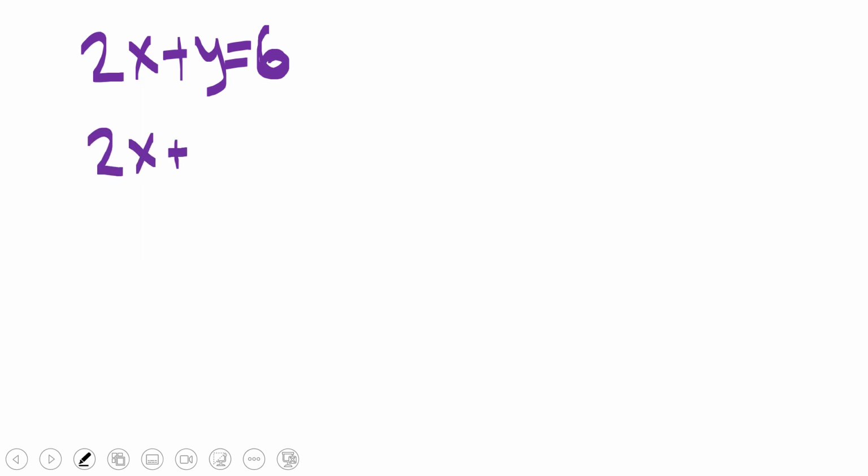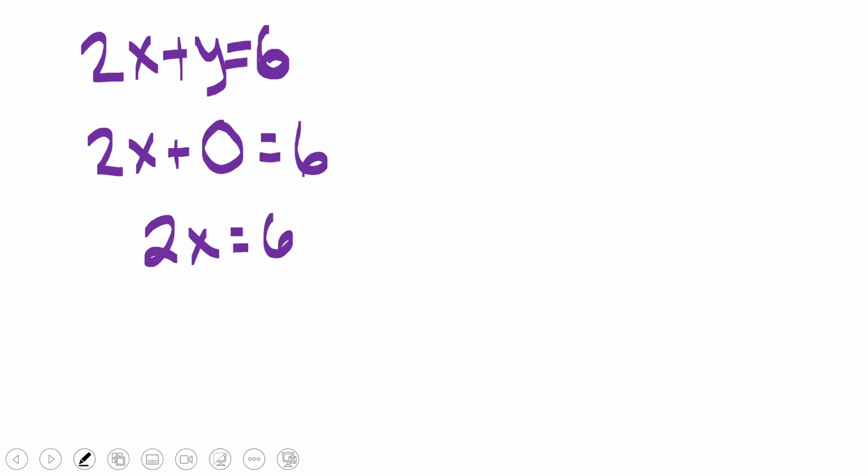Okay, if you are asked to graph with y-intercepts and x-intercepts, and you're given something like 2x plus y equals 6, you want to find the x value when y is 0 and the y value when x is 0. So when we plug in 0 for y, we get 2x equals 6, and now x equals, divide by 2, 3.